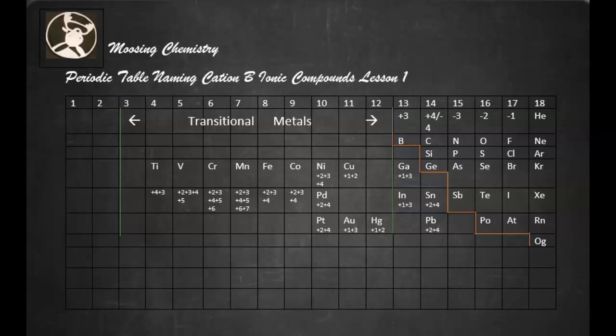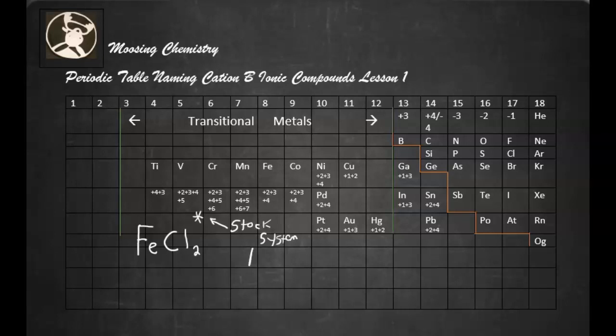So I'm going to look at our first compound here, which we're going to call iron chloride, right? Normally we call it iron chloride, but now we're going to do this. We're going to put a little asterisk right here. That little asterisk tells me that we use the stock system in naming chemical compounds.